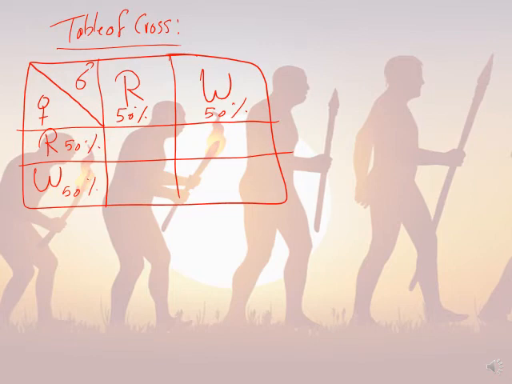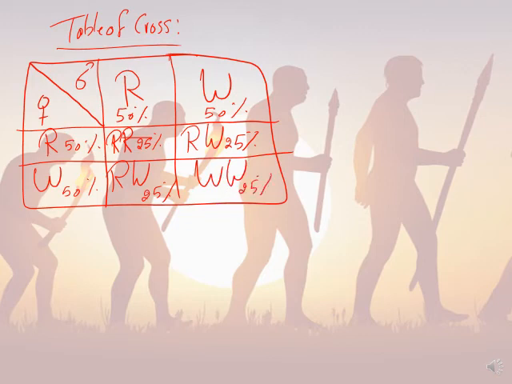Now let's move to the genotype of the descendants, the probability or the percentages. R crossed with R is going to be RR, 25%, since 50 times 50 over 100. Then RW 25%, also here RW 25%, and the final will be WW 25%.